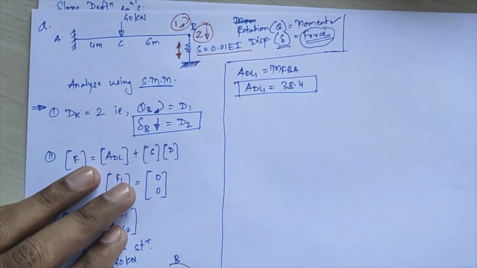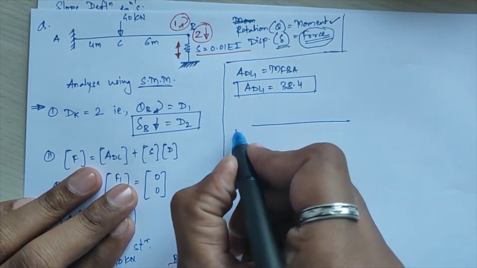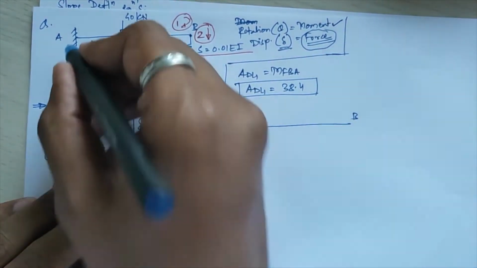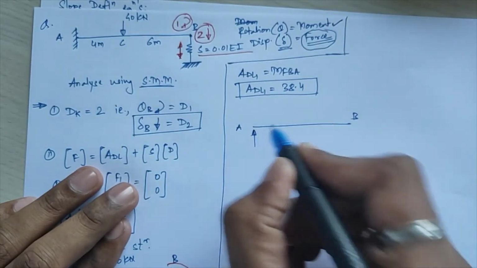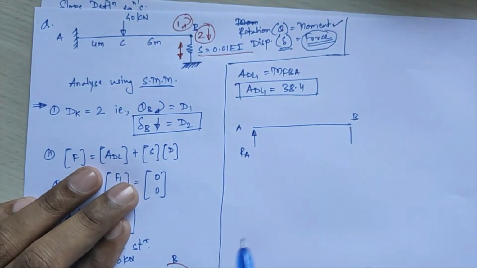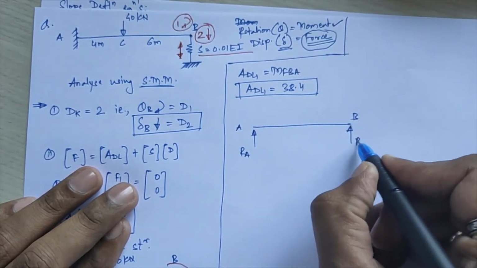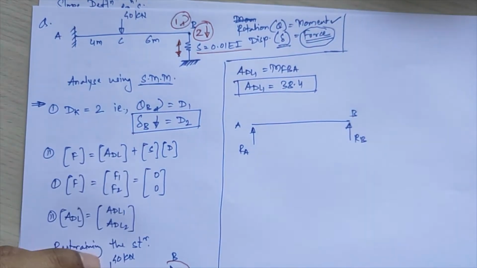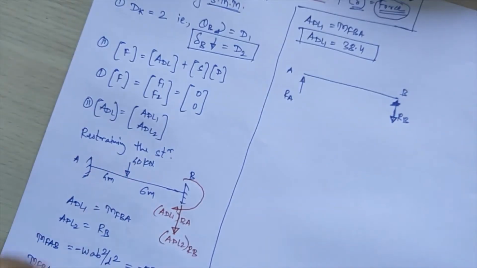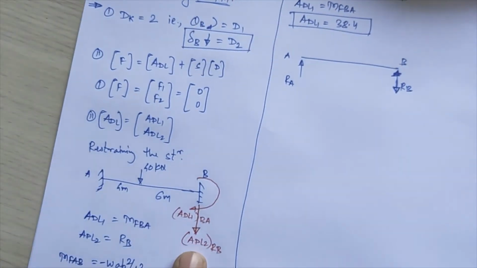Okay, so here again I'll consider the member AB. Suppose this is your fixed support over here, so here I'll be having that reaction RA, and here I'm having my second reaction as RB. Okay, instead of upward I'll assume this as downward, because here I have considered that as downward direction.